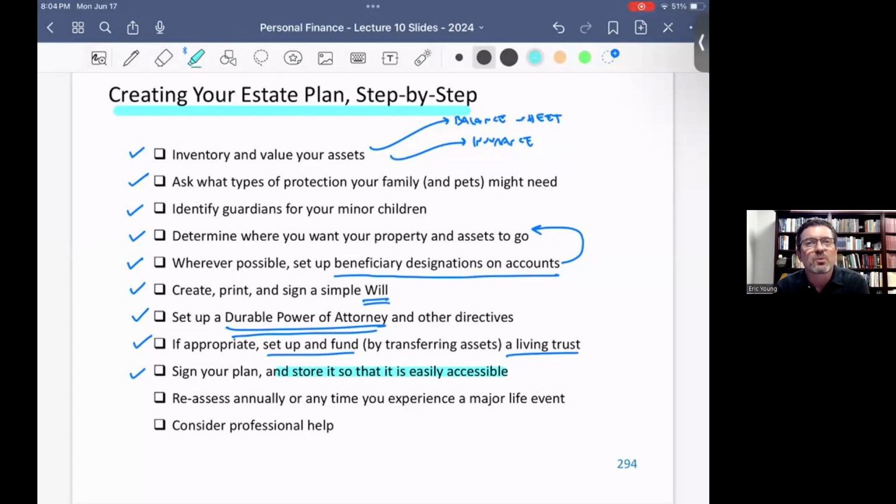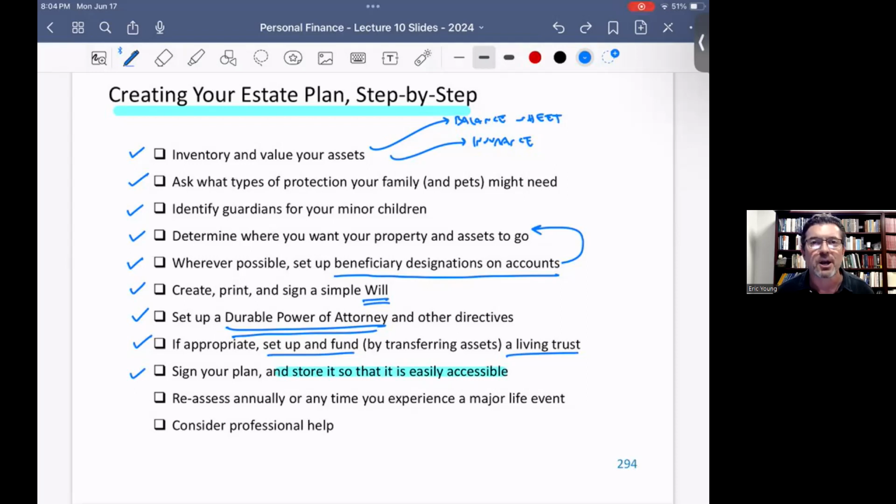My documents will have the combination for my safe so that my executor can get the important things out of there. So if you set up your plan and sign it, that's great. But if you store it in a way where it cannot be found easily, that's not a good move.